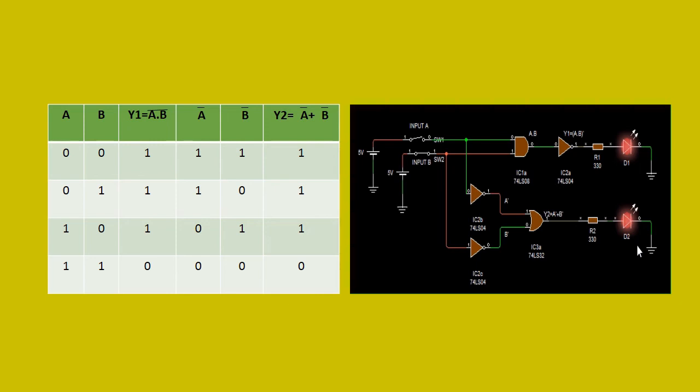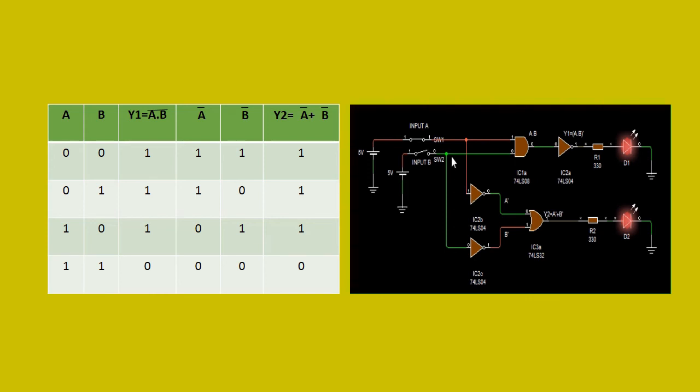Okay. Now third condition. Third condition means A1 B0. So this line is 1, this line is 0. So here we get 0 output. 0 is connected with this inverter circuit, so here we get 1 output. Thus D1 diode is in glowing condition. Input A is 1, so here we connect 1, and thus here we get 0 output.